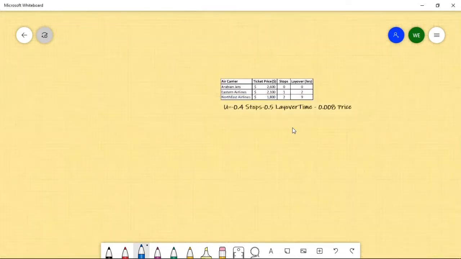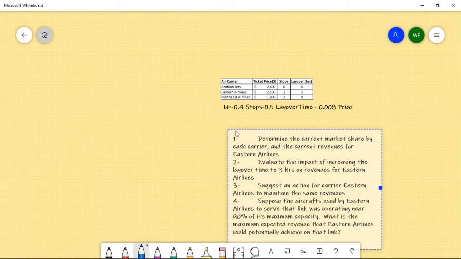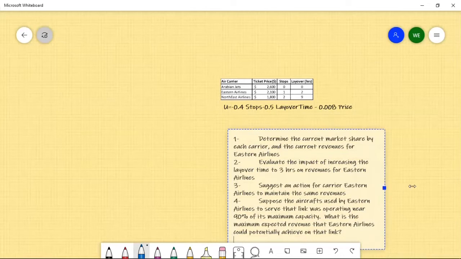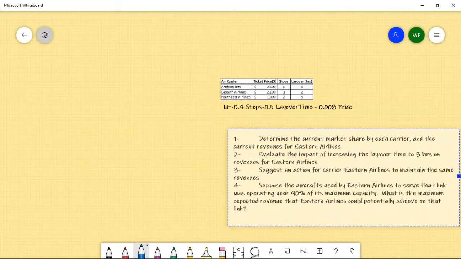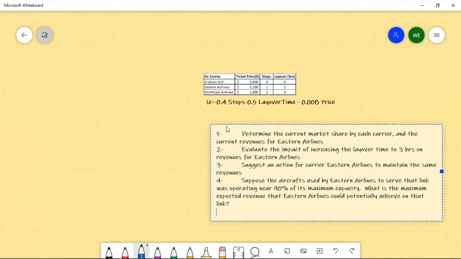Any questions so far? So now here are the requirements. You are asked to determine the current market share. So we need to know how many trips, and what's the market share for the company.